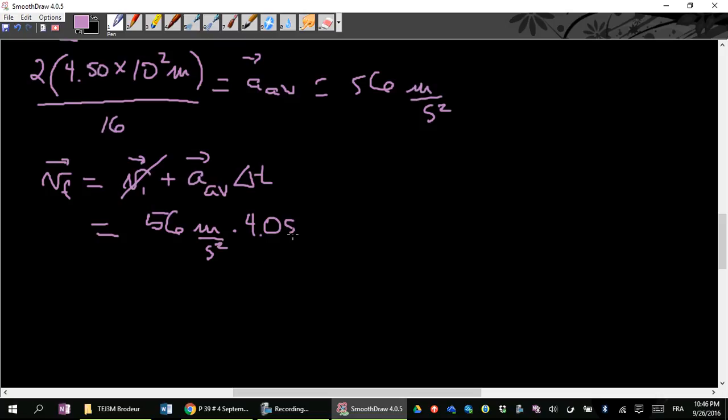We like them like that. 56 times 4 is 224. The square cancels the second. So 224 meters per second. Is that the book's answer?